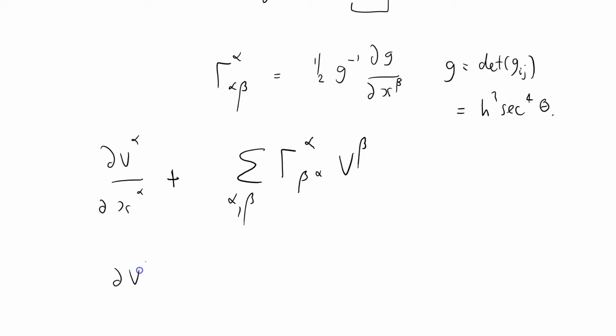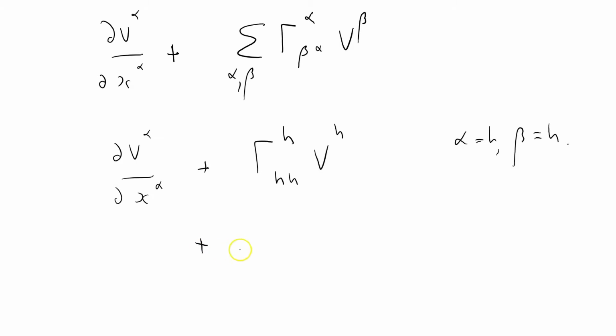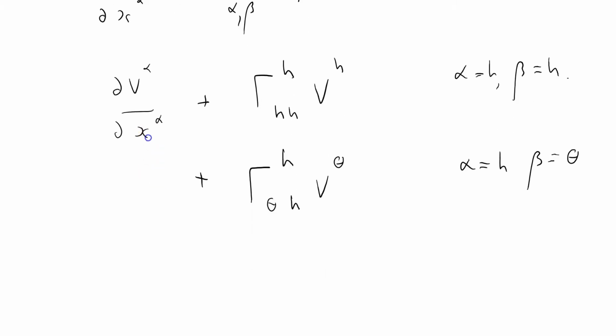So it's ∂v^α/∂x^α, summed over α of course, plus α equals h, β equals h, plus α equals h and β equals theta, plus α equals theta, β equals h.